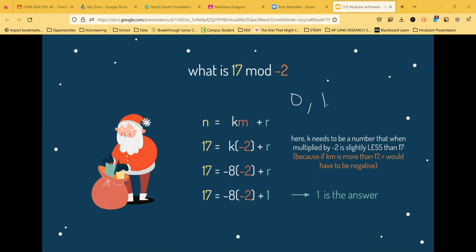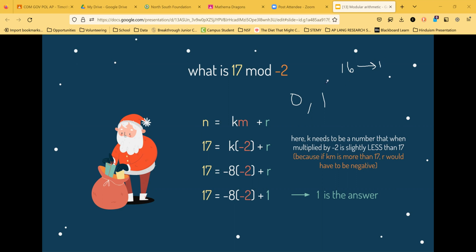So we have 17 mod -2. There is a number by which we can multiply -2, so the greatest multiple of -2 that is below 17 is 16, right? Because that is -2 multiplied by -8. So the number we would add to that to get 17 is 1.